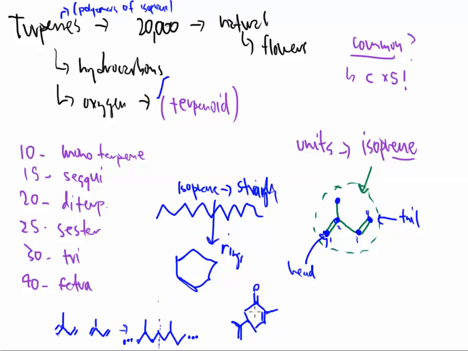Not only that, but you take a look at some of these isoprene units, and if they begin to link up fashion to fashion to fashion, we get this thing called a tetraterpene, and this tetraterpene goes by another name, carotenoids.